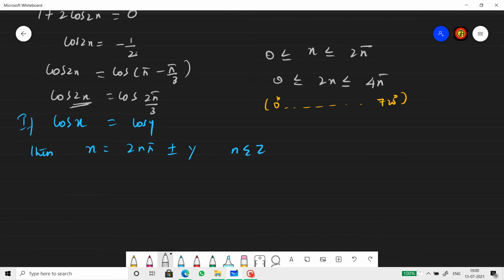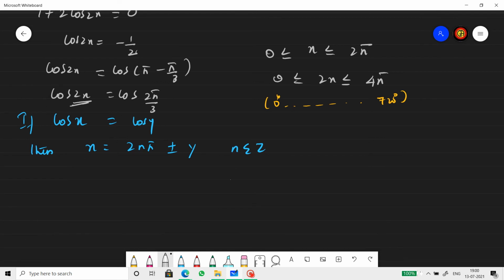Okay, now here x is 2x and y here is 2 pi by 3. So therefore we get 2x is equal to 2n pi plus or minus 2 pi by 3, and n belongs to integer.